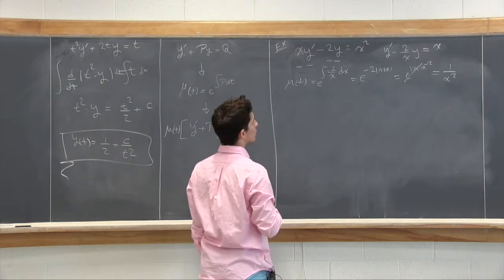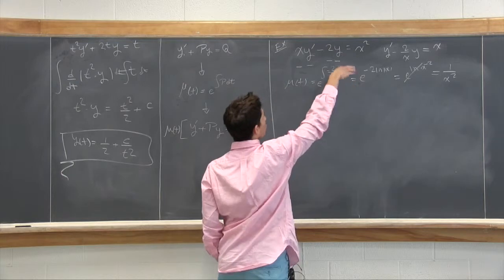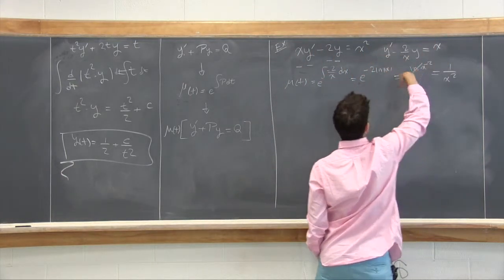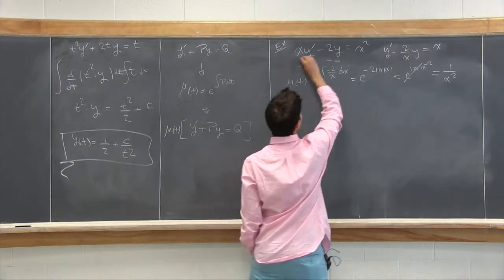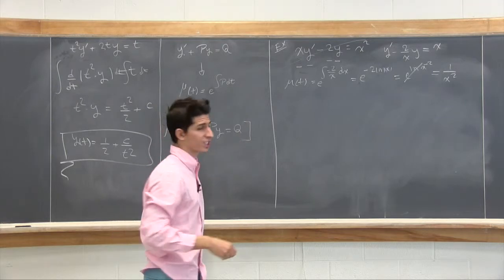So then what we're going to do is multiply that integrating factor by the whole equation. Now, you're going to be dealing with your equation in standard form, so you really do not care about the original form anymore.